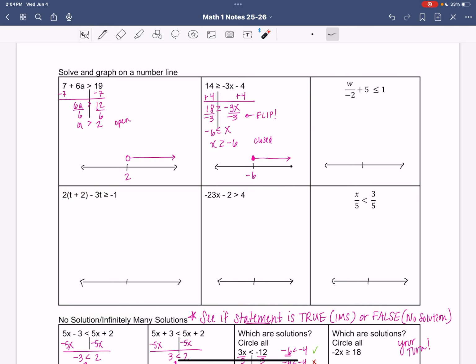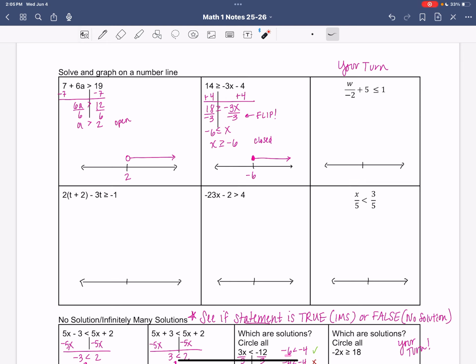These are your turn. So go ahead, try the rest, and if you did these correctly, you should have gotten for this one W is greater than or equal to 8.